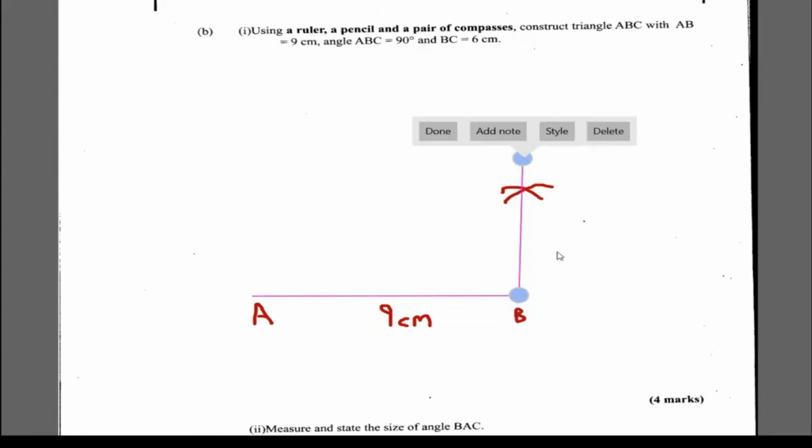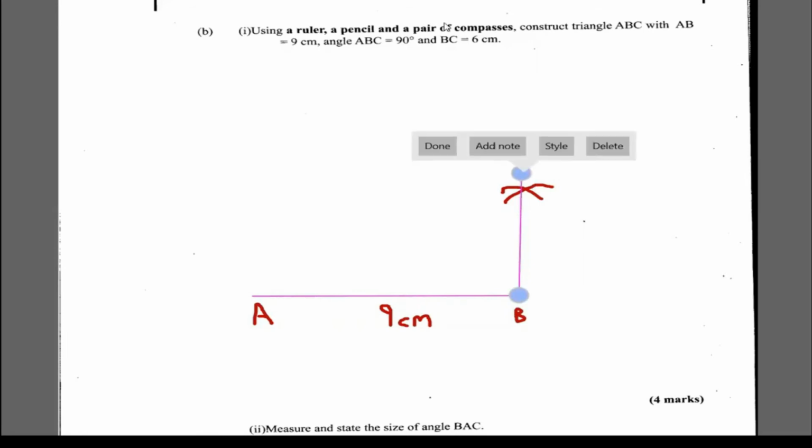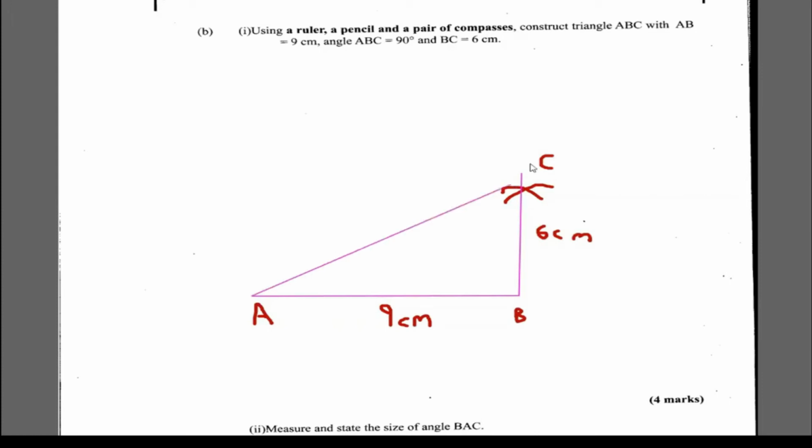Make sure it's 6 centimeters. That's a triangle. Nice and easy. You can show them that this is 90 degrees, something like this you're going to construct, of course.